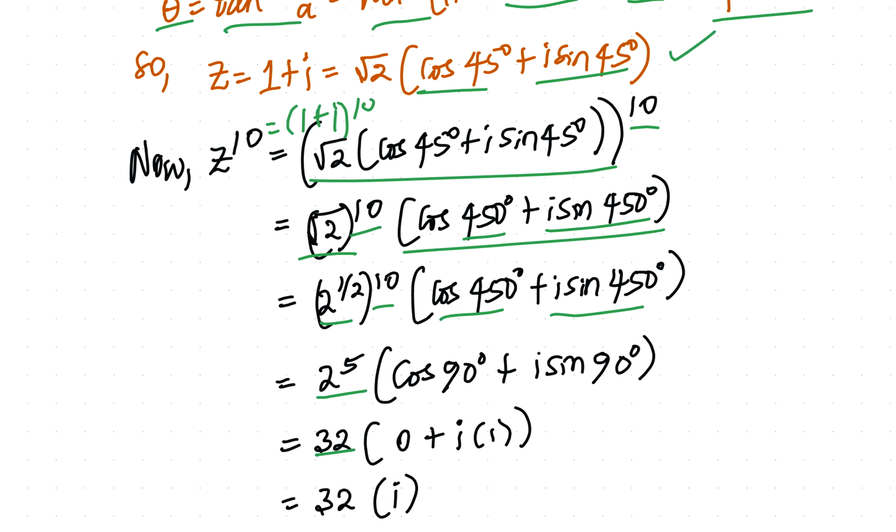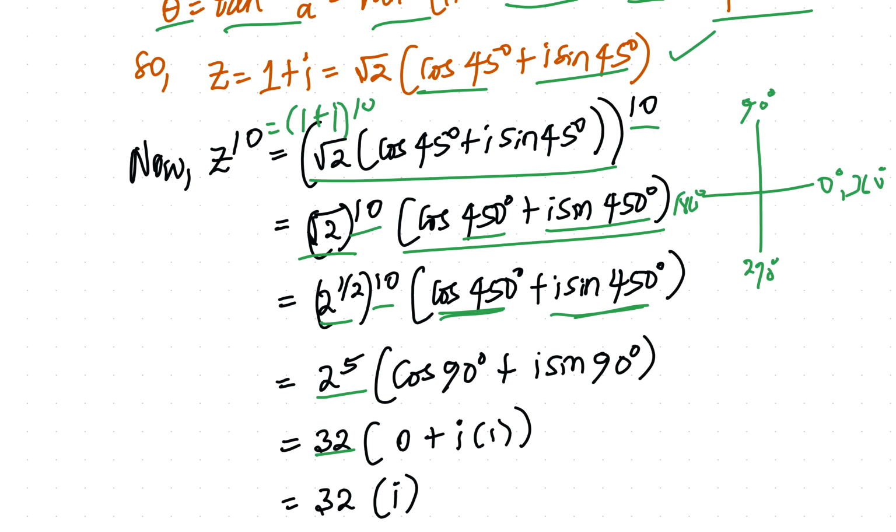Anytime you have any angle more than 360, normally we know the 4 quadrants: 0 degrees, 90 degrees, 180 degrees, 270 degrees, and then you're back at 360 degrees. Anytime you have any angle more than 360 degrees, you know what you should do? Keep subtracting 360 until you get into these 4 quadrants.